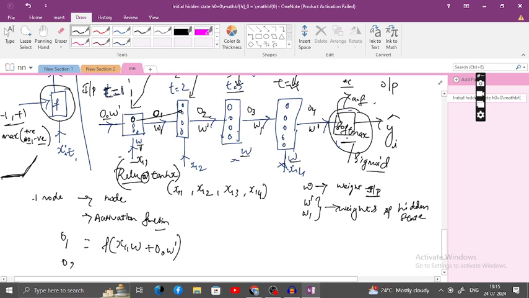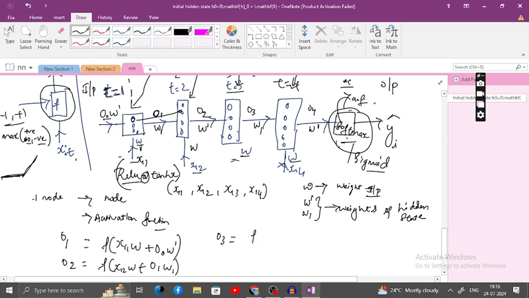The output coming out of the second layer is O2, a function of x12 multiplied by w, plus the input from the previous layer. The output coming from hidden layer 1 will be the input to hidden layer 2, so O1 times w dash.